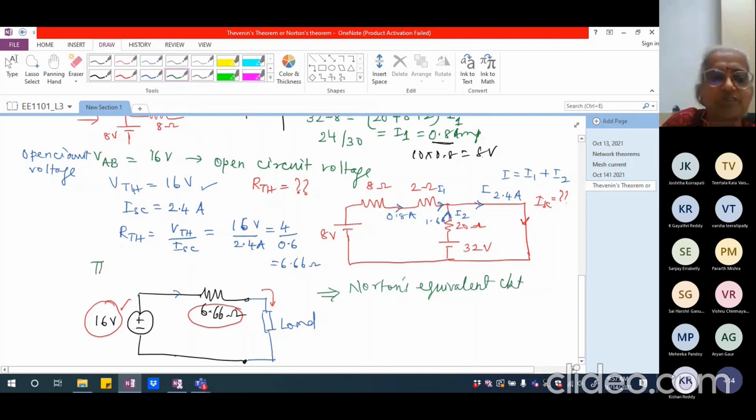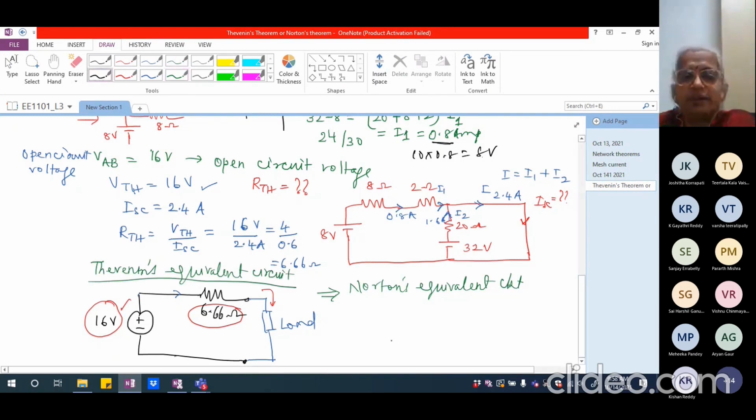this is the Thevenin's equivalent circuit. If I want to represent this by Norton's equivalent circuit, I should be able to simply say that 16 divided by 6.6 happens to be 2.4 ampere.